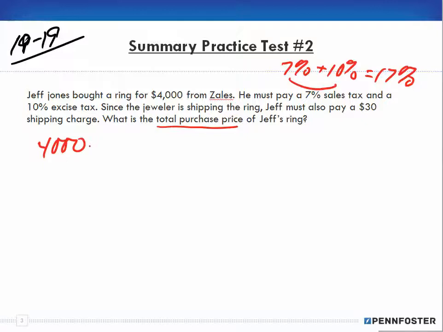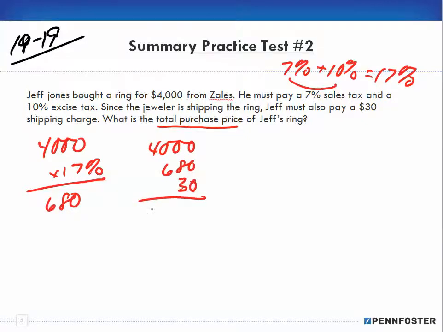All right, I'm getting myself all over the place here because my mind is going in several different directions. Let's back up. I added the 7% and the 10%, multiplied the 4,000 by 17% and came up with $680. Then I took the 4,000, added 680 plus my 30 to get 4710.